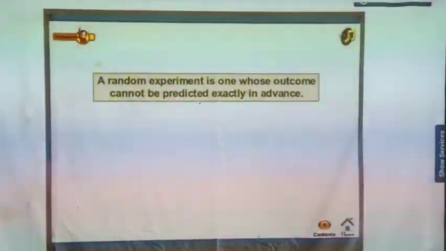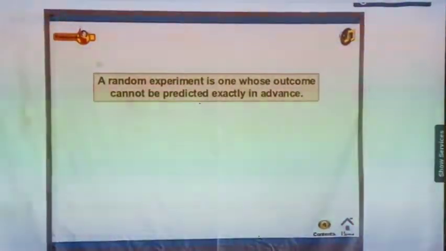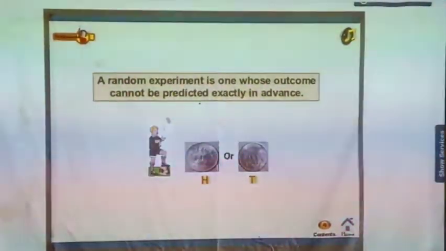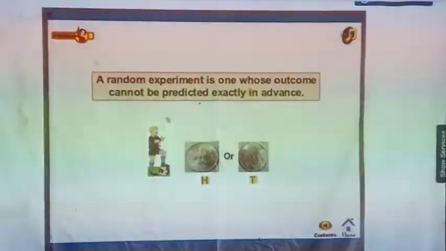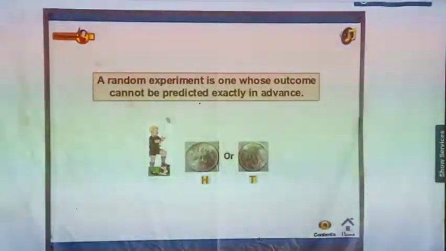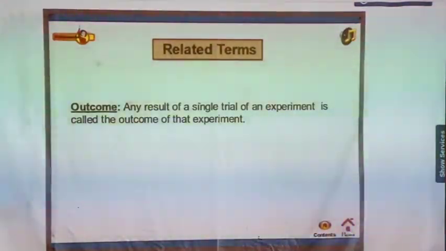A random experiment is one whose outcome cannot be predicted exactly in advance. For example, while tossing a coin, we already know that it will show either head or tail. But in a particular toss, it is difficult to predict the result. Outcome: any result of a single trial of an experiment is called the outcome of that experiment.